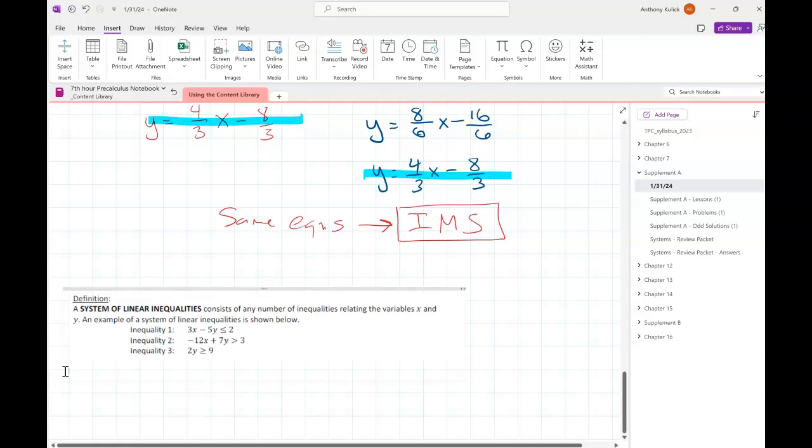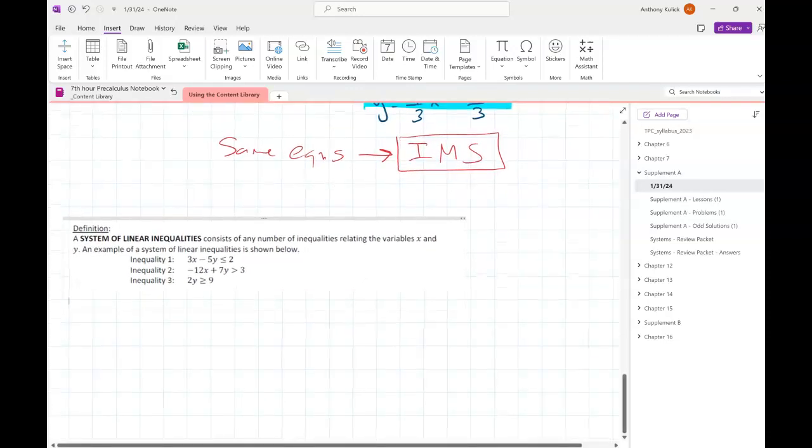So here, even if I have two variables, I can have as many inequalities as I want, right? I don't have to have two like I do for equations. I could have 2, 3, 4, 5, I could have 26. You're not going to have 26.